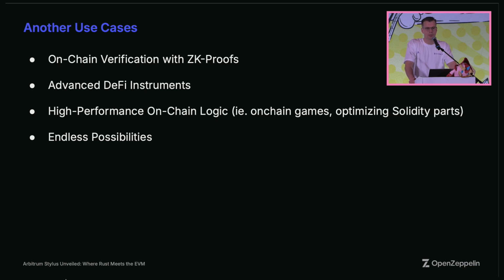We may also want to build some high-performance on-chain logic, like on-chain games. We may want to optimize our current protocols by moving the intense computations to Stylus contracts. And just to summarize, we have endless possibilities for what to build with Stylus and how to speed up our protocols.